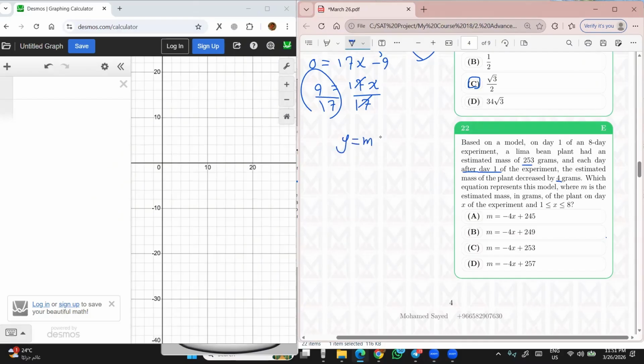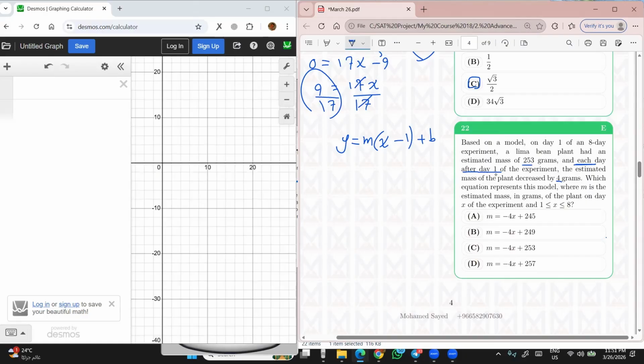So y is equal to mx plus b should not be considered here. We need to consider y is equal to m times (x minus 1) plus b. Why minus 1? Because we start our calculation of the word each day after day 1, which makes each, which is m, multiplied by x minus 1. We exclude the 1 day of our calculation.